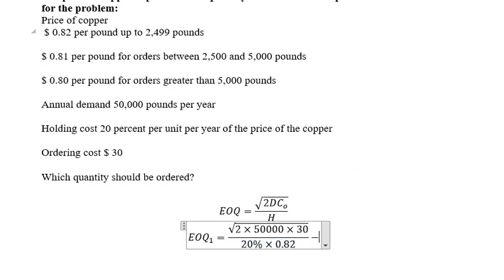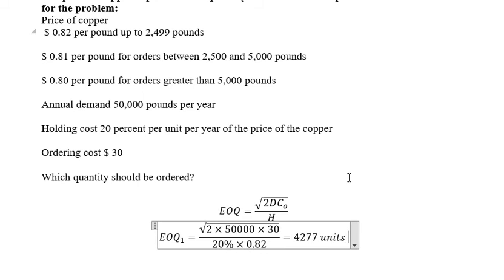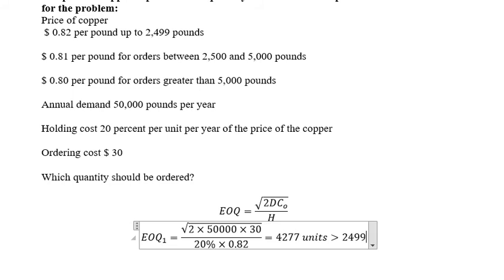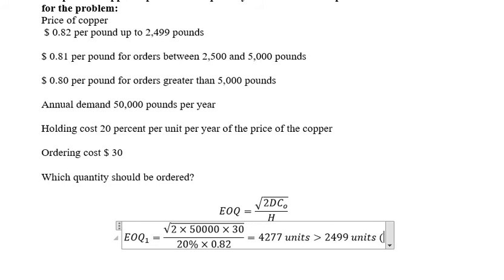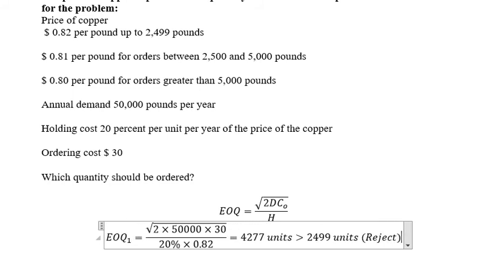We got about 4,277 units. But EOQ1 is greater than 2,499 units. So we reject this one because this is bigger than 2,499. So we cannot order during 0.82.